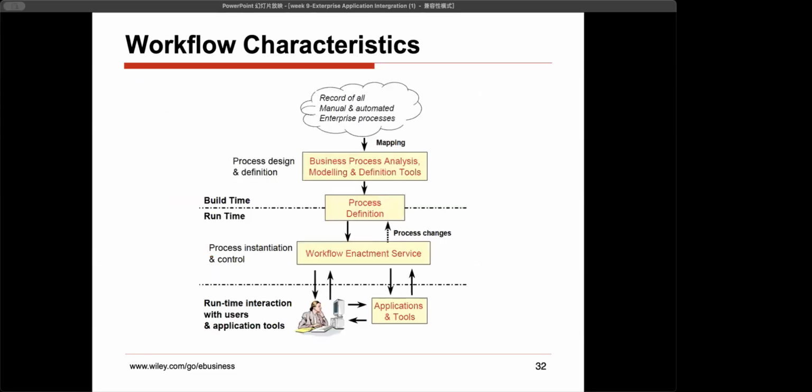So here we can see the example. A record of all manual and automated enterprise processes, mapping, okay, business process analysis, modeling and definition tools, build time and runtime combined together for the process. Okay.